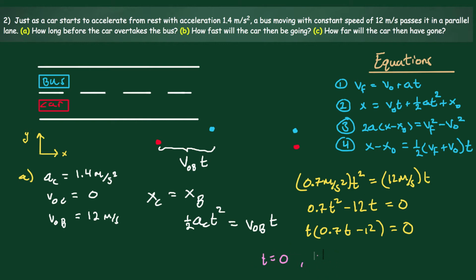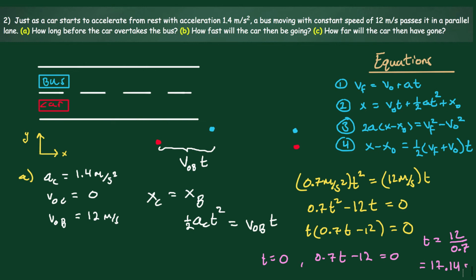The second solution you get is by writing 0.7 times t minus 12 is equal to 0. Okay, and from the second expression over here, we have t is equal to 12 divided by 0.7. Okay, so let's see what that comes out to be. Okay, so that comes out to be 17.14.